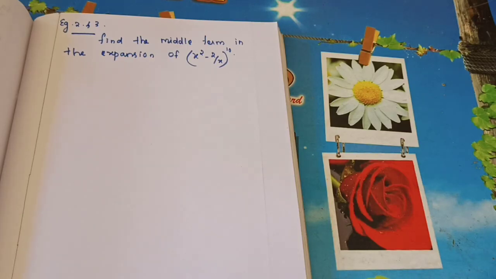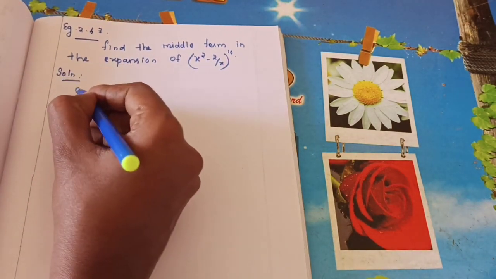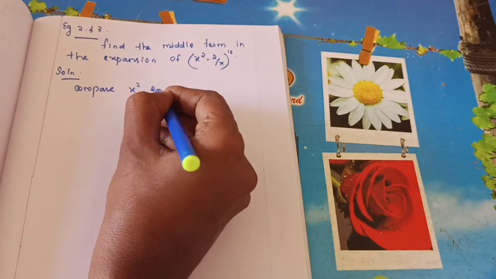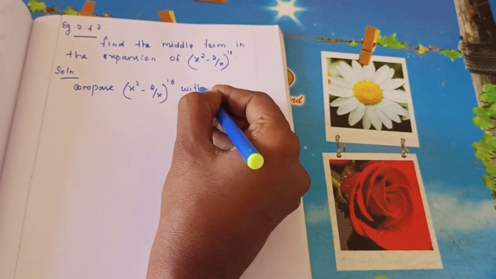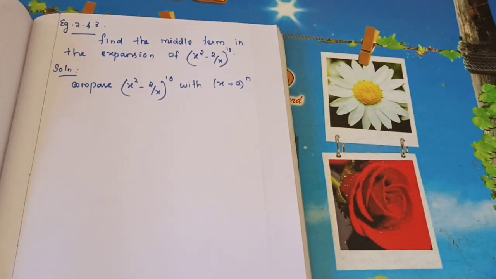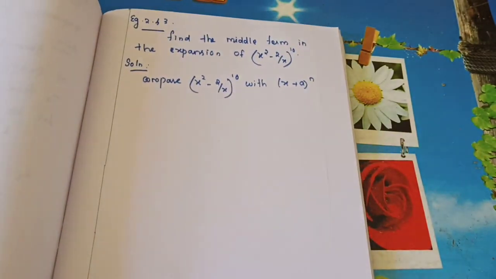Okay. So before that we are going to compare. Compare (x^2 - 2/x)^10 with (x + a)^n. Carefully listen here. We don't know the formula for (x - a)^n. We know the formula for (x + a)^n.